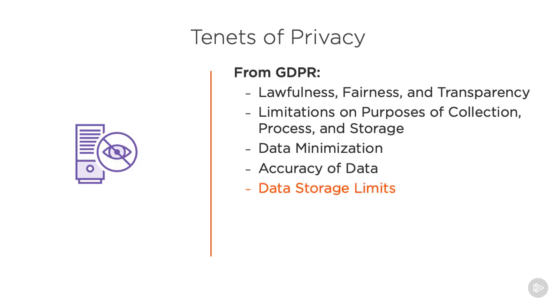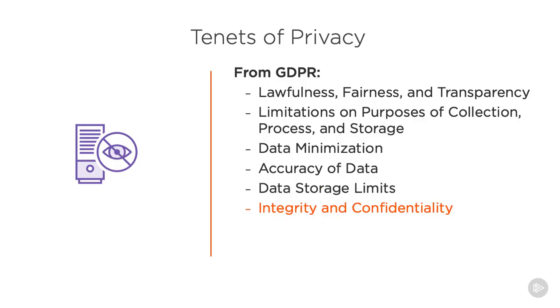We should have protection for data that includes not only how we protect it as we store it, but where we store it. For example, it must be stored in a place that provides adequate legal protection for that data as well.